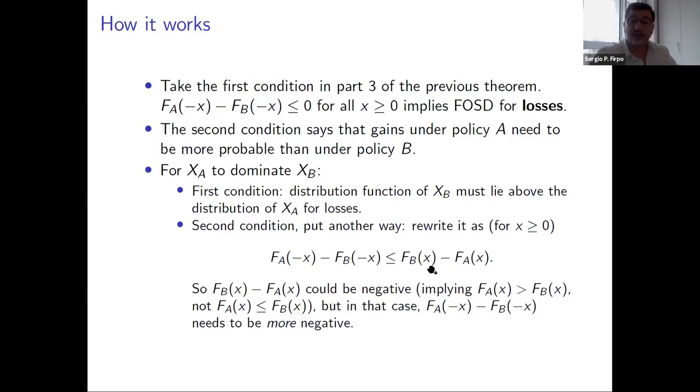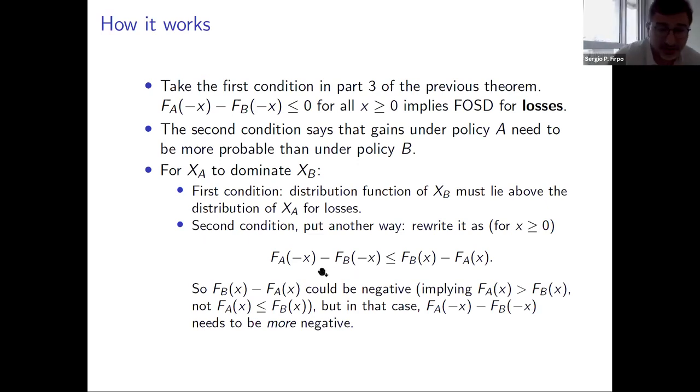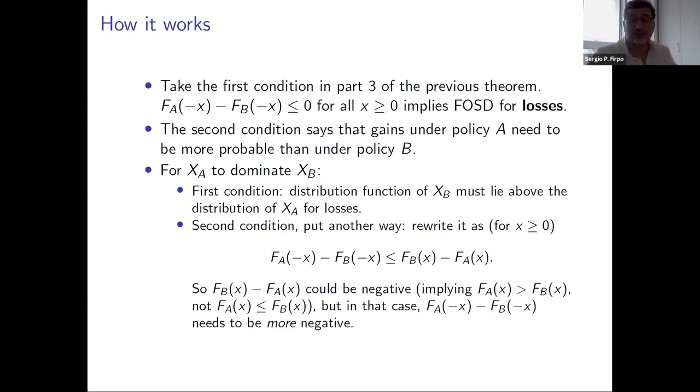We may have that for the positive part of the support, FB actually dominates FA in first order. That's fine, as long as the dominance criterion there is not larger than what happens in the negative part. Remember, people are loss averse, so losses have to be more important than gains, and that's what we have here. So that's basically the new criterion.